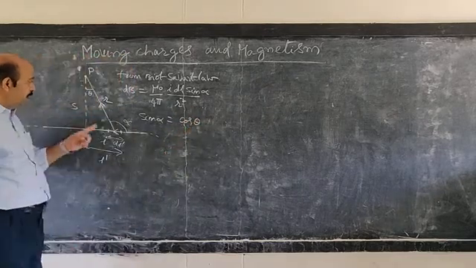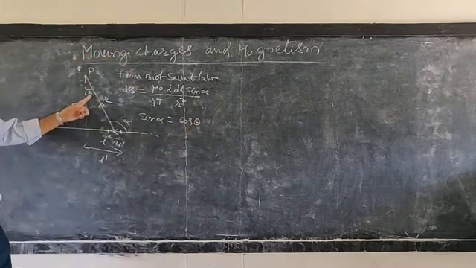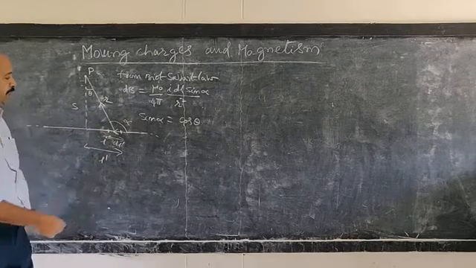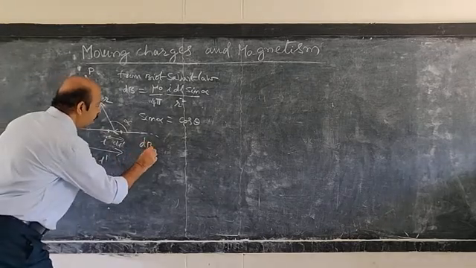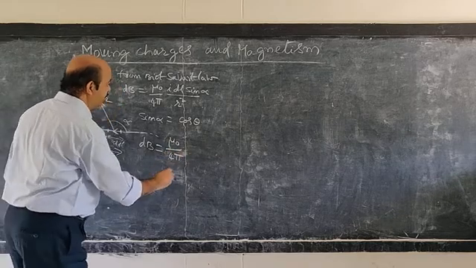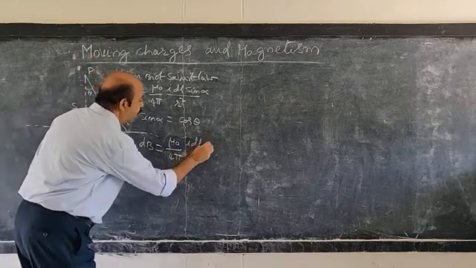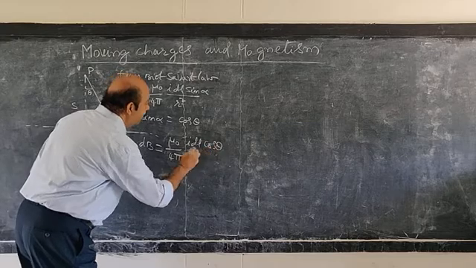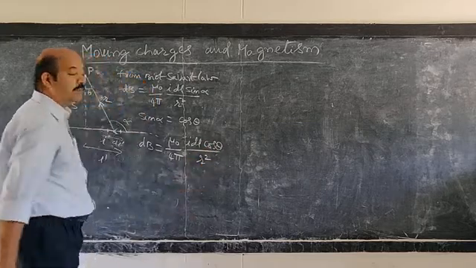So, in terms of angle theta, we can rewrite the equation like this: dB is equal to mu naught by 4 pi I dl cos theta by r square.